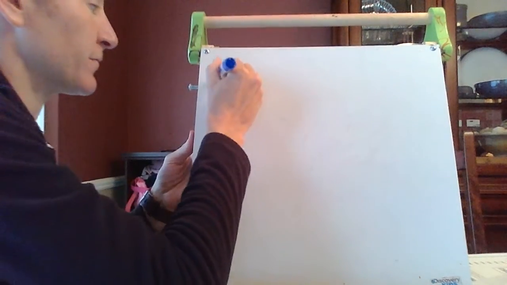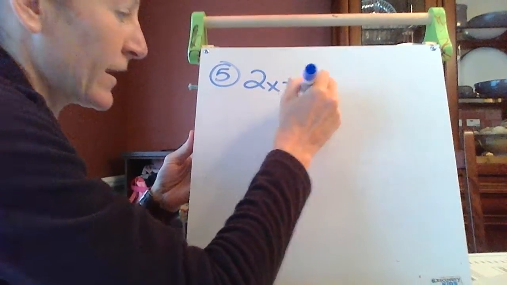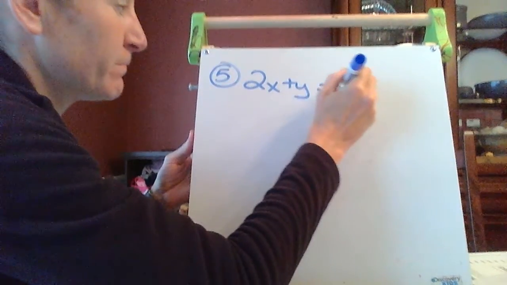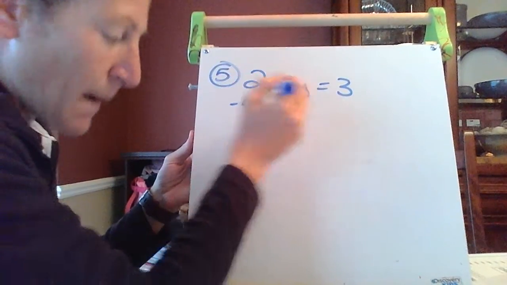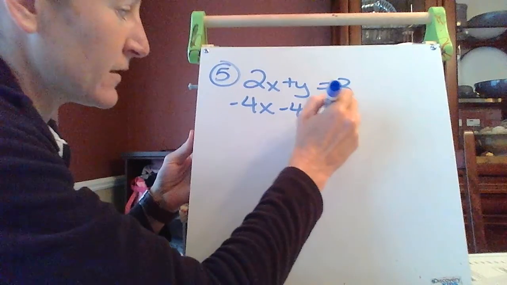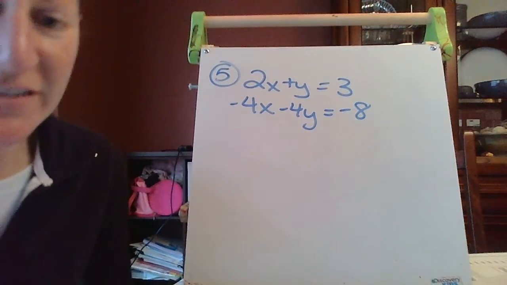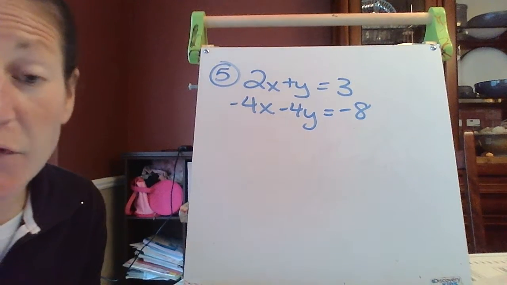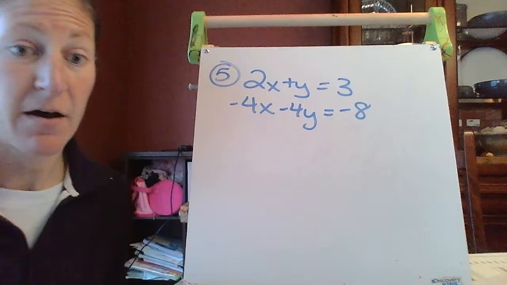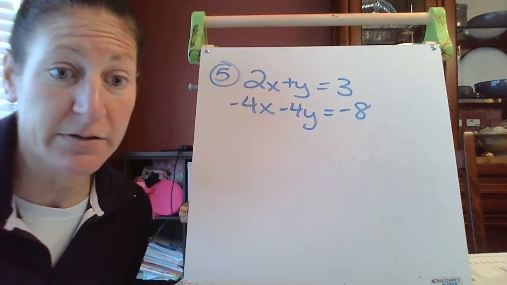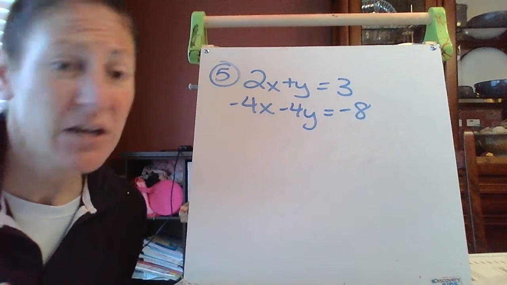Okay, number 5. 2x plus y equals 3, and negative 4x minus 4y equals negative 8. Now, some of you might say, well, we have opposite signs for both the x's and the y's, but we don't have the same number in front of the x's or the y's. But I can turn my x's and my y's into that same number, either x's or y's.